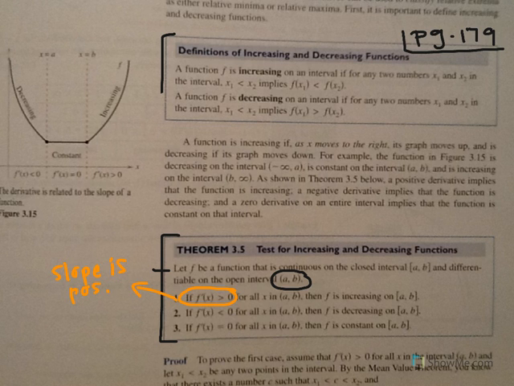So if that slope is positive for every single x in a particular interval, then it's increasing. The next one says if f prime of x is less than 0, so that means all my slopes are negative, for all of my x's in that interval, then f is decreasing.